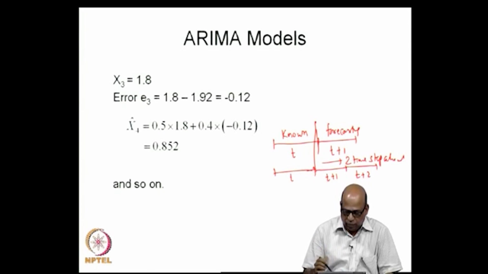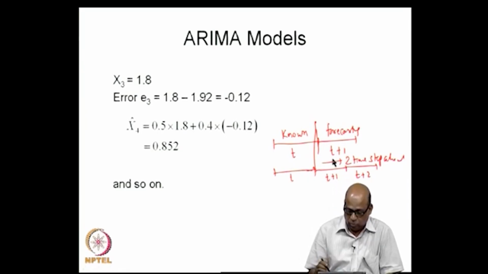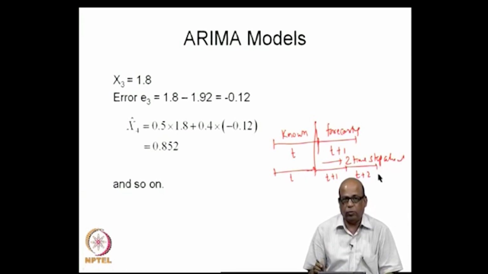Now, when we are applying it for 2 time step ahead forecast, the assumption is that you have the observed values only up to this time period t. So, using this you have forecasted x t plus 1 cap. Now, when we are forecasting for x t plus 2, you use the forecasted value for x t plus 1, namely the x t plus 1 cap, because when you are doing 2 time step ahead forecasting, the actual values will be available only at the end of these 2 time steps.